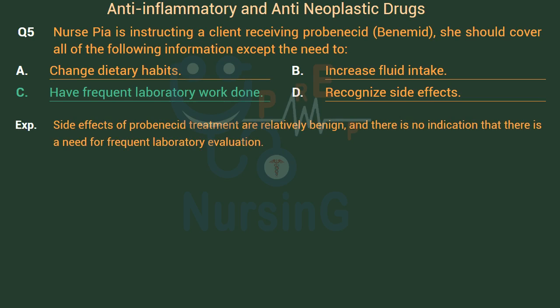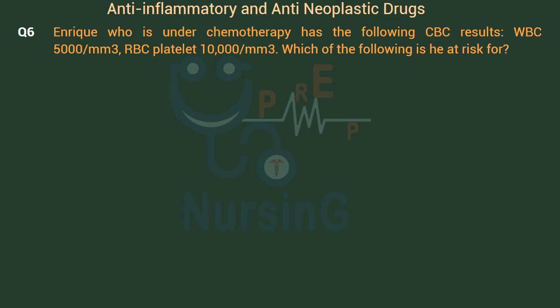laboratory evaluation. Enrique, who is under chemotherapy, has the following CBC results: WBC 5000/mm3, RBC, platelet 10,000/mm3. Which of the following is he at risk for? Option A. Infection. Option B. Bleeding.